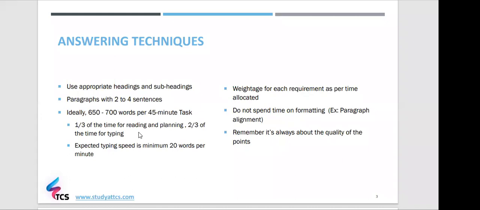Most students, what they do is they would read the question, and straight away they would start typing the answer. And halfway through the answer, they would figure out that they are headed in a wrong direction, and that they are not fulfilling the requirements which are highlighted in the task.